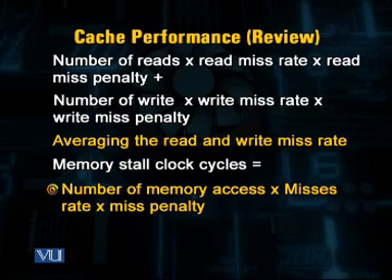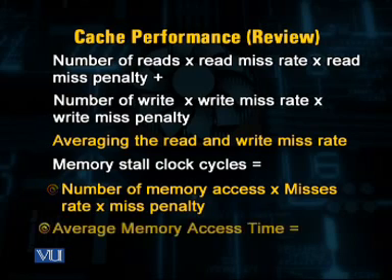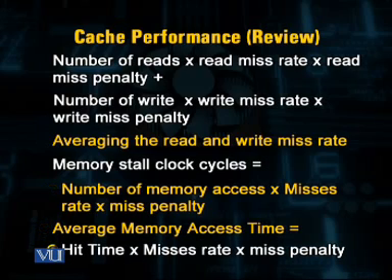Now, in order to understand this concept, let us assume that there is one cycle to hit the cache, then the number of memory accesses is equal to the hit time and the average memory access time is equal to the hit time plus the miss rate multiplied by the miss penalty.